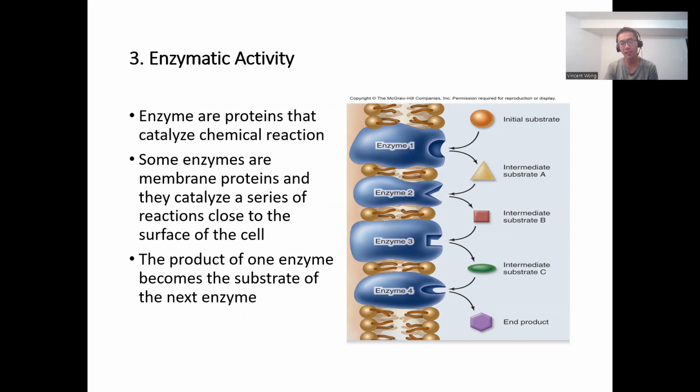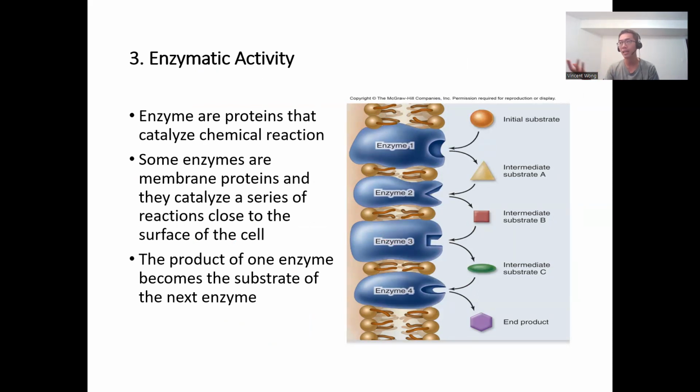But in some cases, you need to perform multiple reactions, one after the other. Okay, so you need to take this thing, and then the first enzyme will convert it to another thing, and then a second enzyme will convert that into a third thing, and so on and so forth. So there are 4 reactions here that require 4 different enzymes.